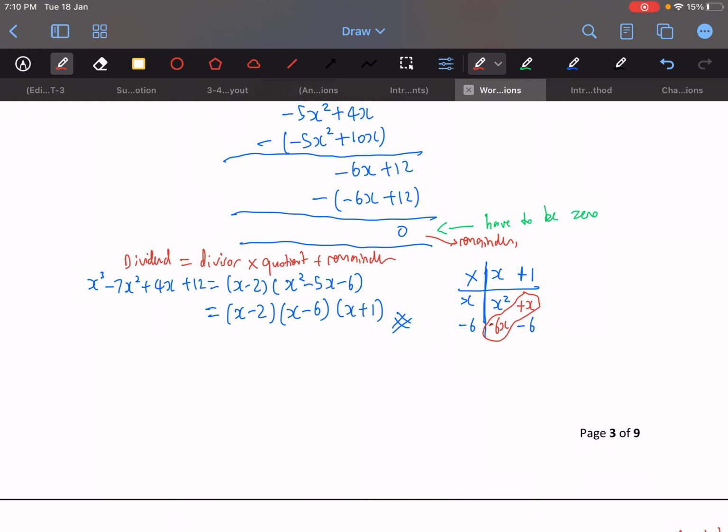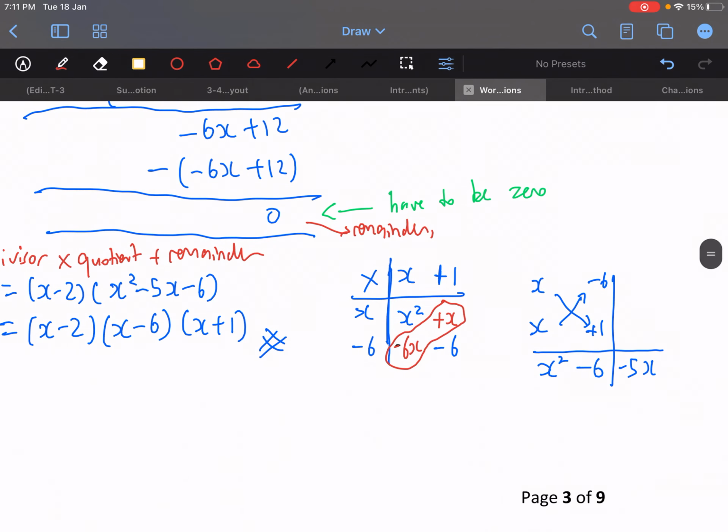For your cross method, you're actually looking at it like that. You'll put your negative 5x here, your x squared here, and your negative 6. How it works is it is a cross. We want x times x to give me x squared. And then we realize that negative 6 and plus 1 will give me negative 6x.